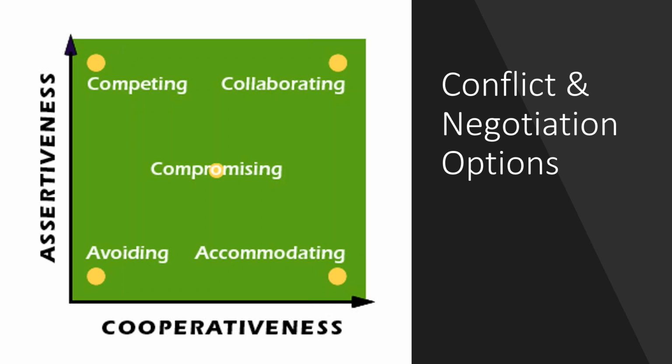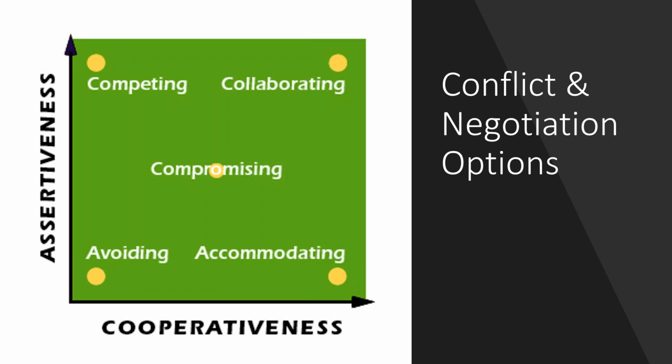So therefore, the cooperativeness is not necessarily at a high level, but certainly you've got to be assertive to a certain degree by sticking to your guns in terms of what you want, your bottom line, if you like. And of course, in most cultures, compromise is seen as an appropriate form of dealing with conflict.